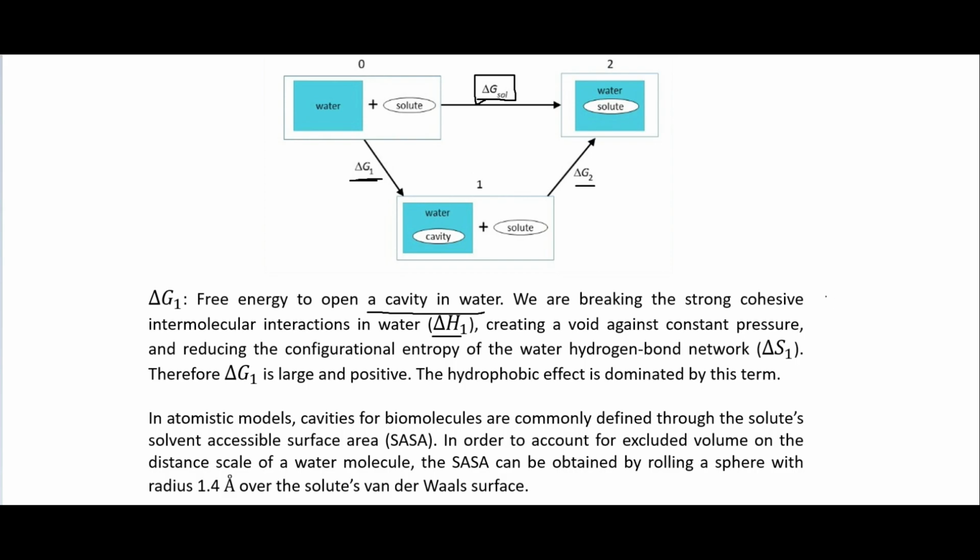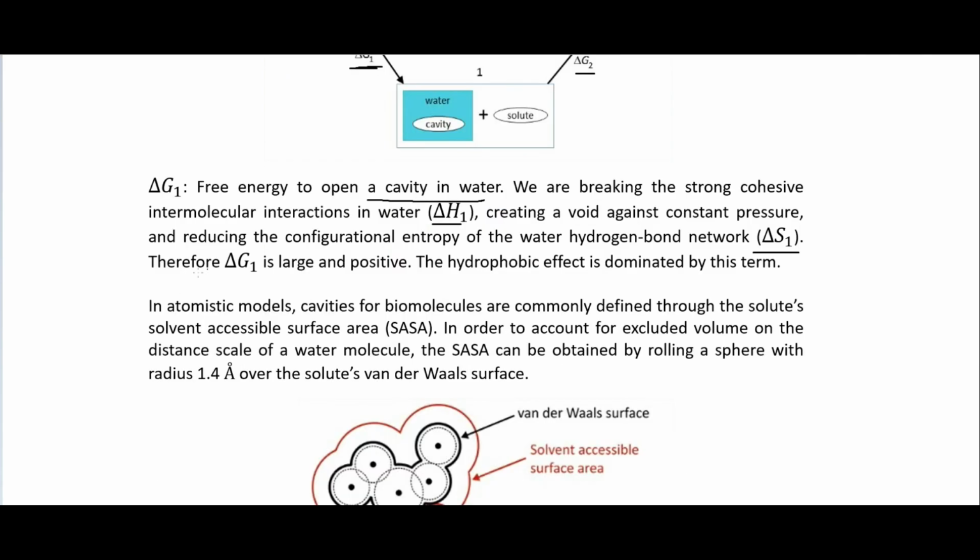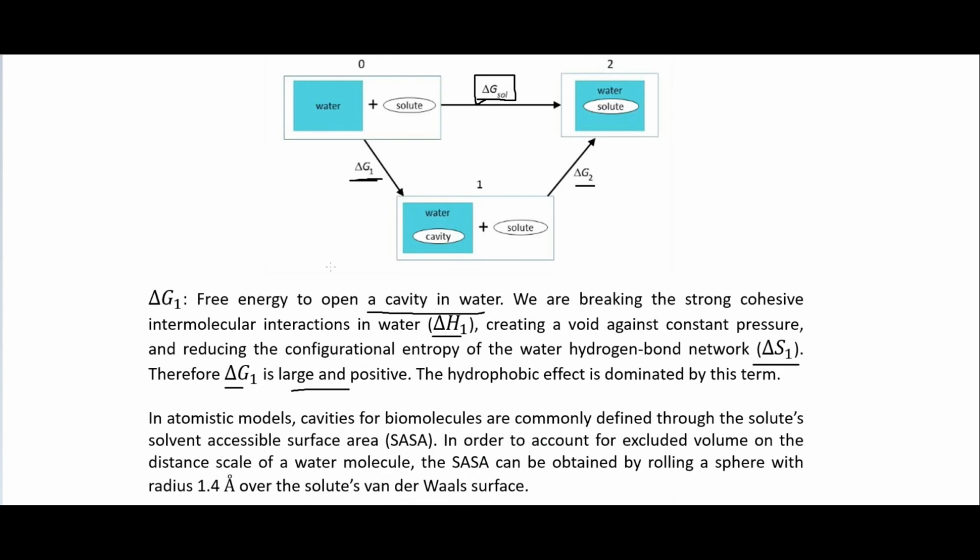That creates a void against a constant pressure and reduces the configurational entropy of the water, so this is going to be entropically unfavorable. But the delta G1 is going to be large and positive, because creating this cavity is obviously going to be very thermodynamically unfavorable, because we don't see cavities opening up in water all the time.